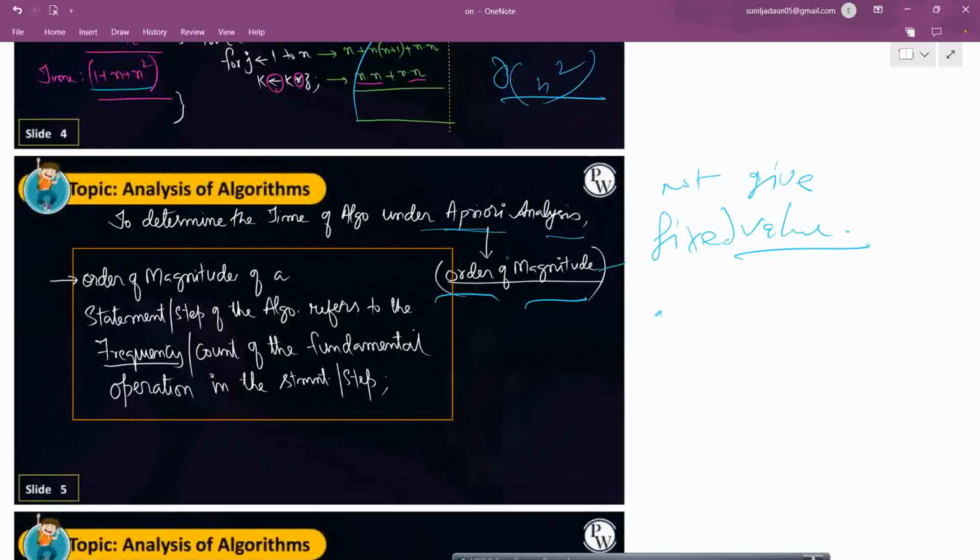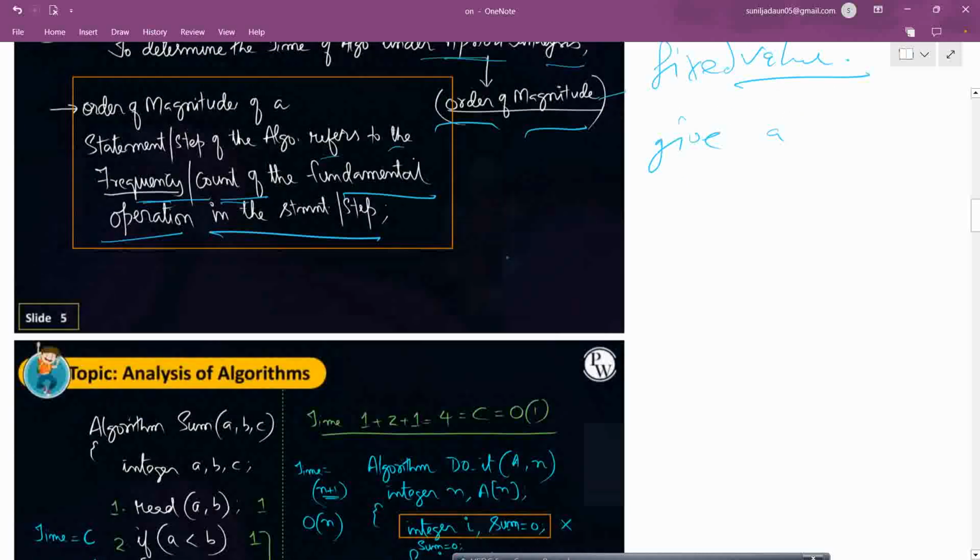It gives the order of magnitude of a statement. A step of the algorithm refers to the frequency count of the fundamental operation in the statement or step, right? It counts the frequency or count of the fundamental step operation.